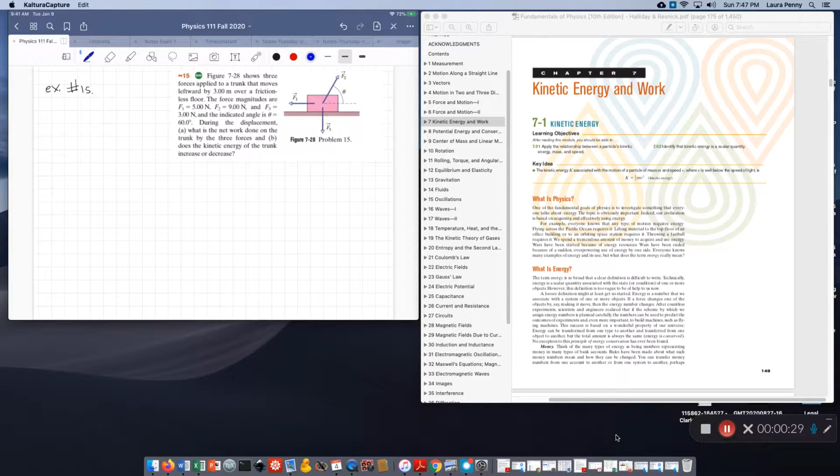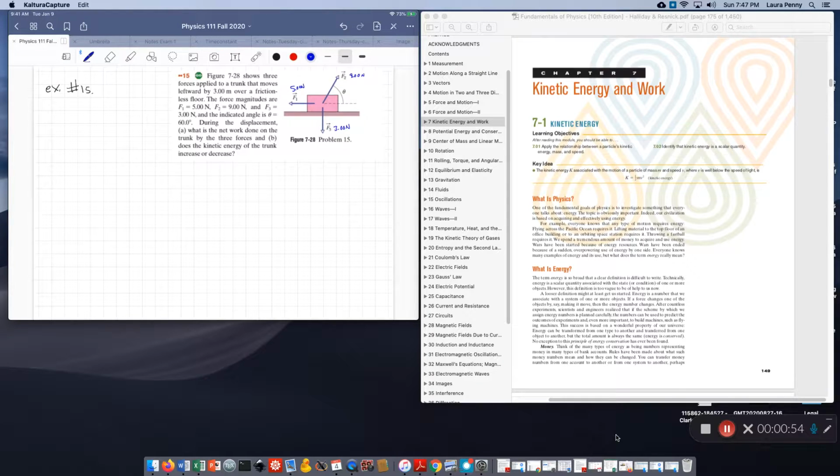Three forces applied to a trunk that moves leftward by 3 meters over a frictionless floor. The force magnitudes are 5 newtons, 9 newtons, and 3 newtons. So F1 is 5 newtons, F2 is 9 newtons, and F3 is 3 newtons.